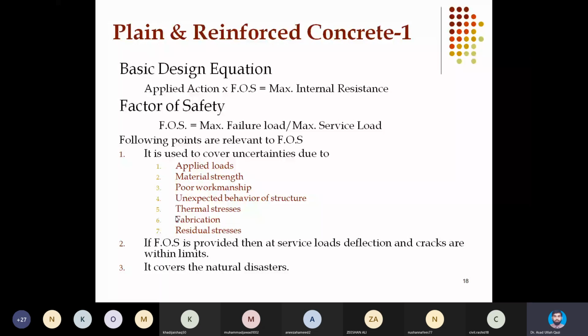The other possibility is that once you do the design, you will use some material strength, concrete strength, steel strength, in your calculations. But we discussed demerits of concrete, that concrete is a man-made material, and at site quality control is not as good as for other factory made materials.